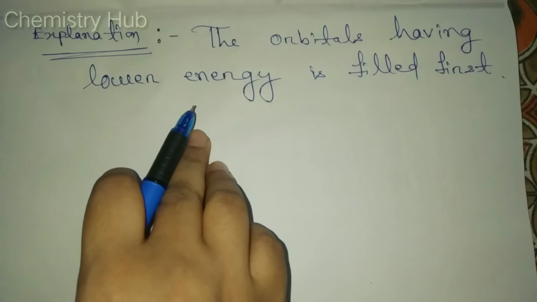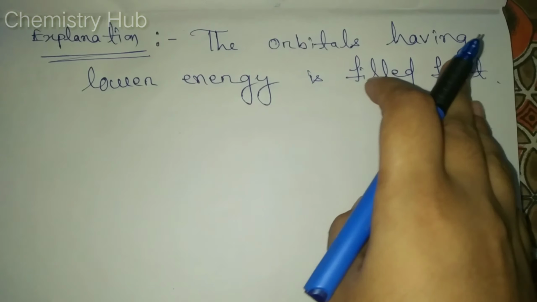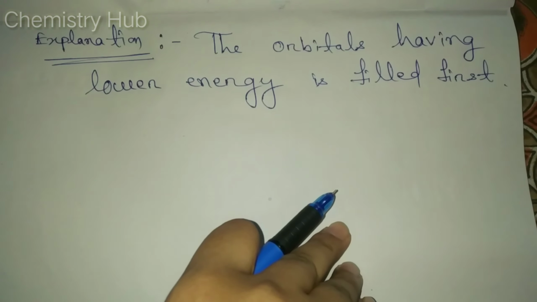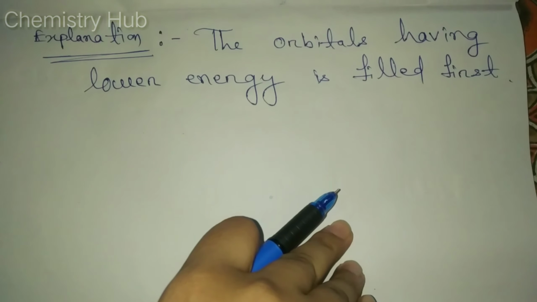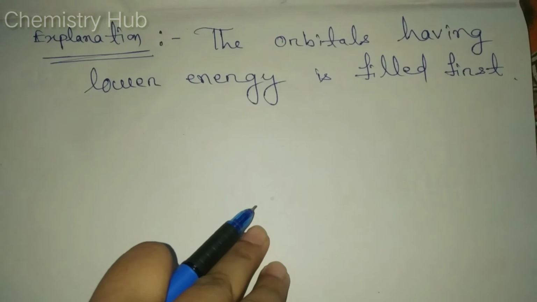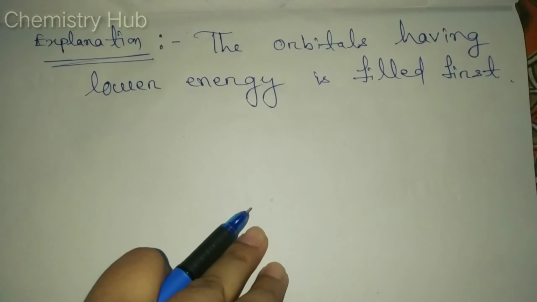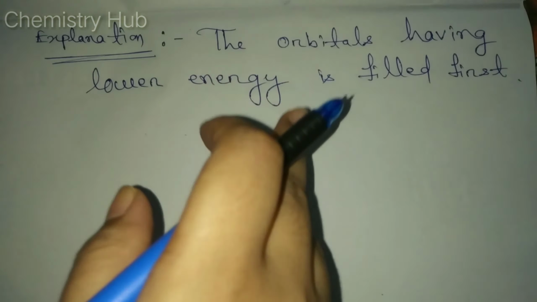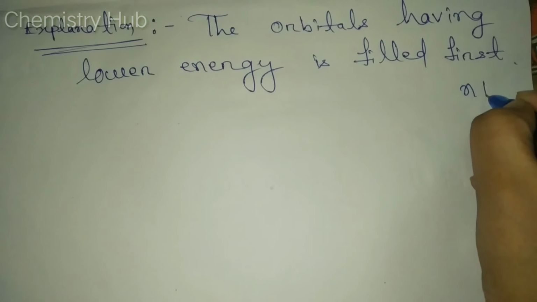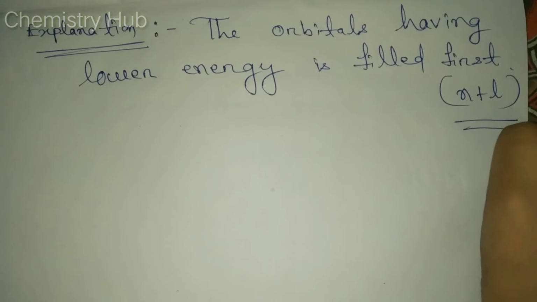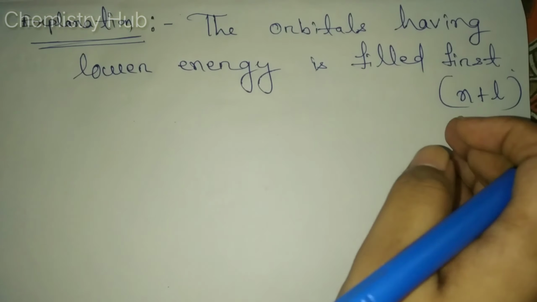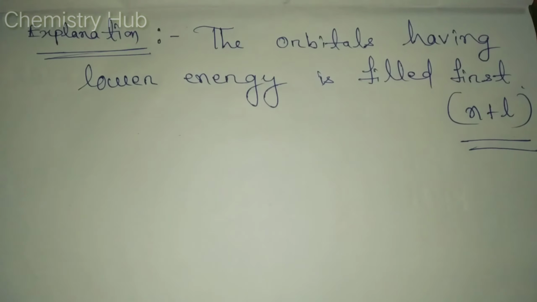Then the Aufbau principle says the orbitals having lower energy are filled first. So how can one know which orbitals have lower energy and which orbitals have higher energy? To solve this problem, we have to know the n plus l rule, which is known as the Aufbau principle.